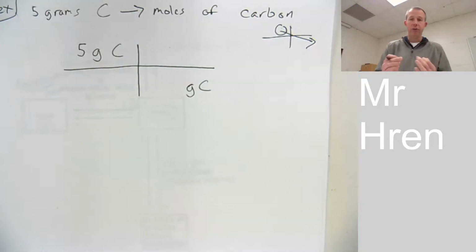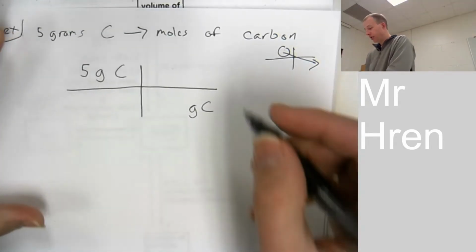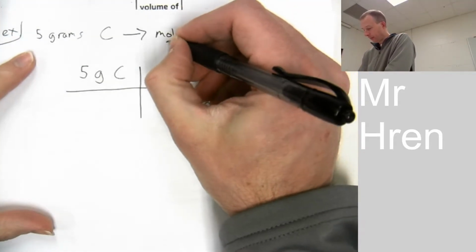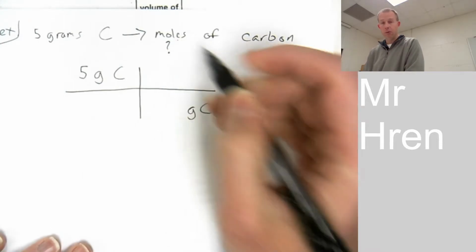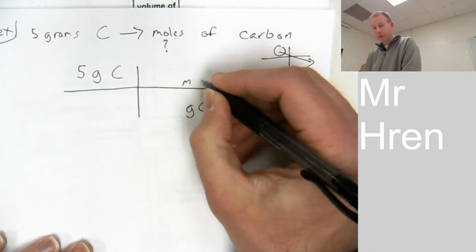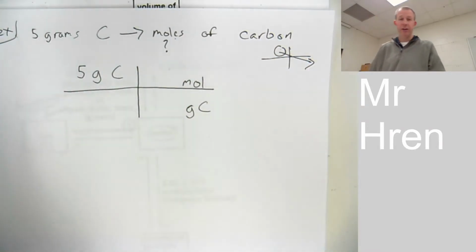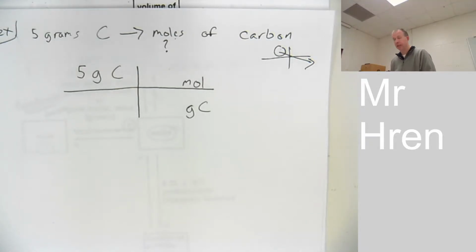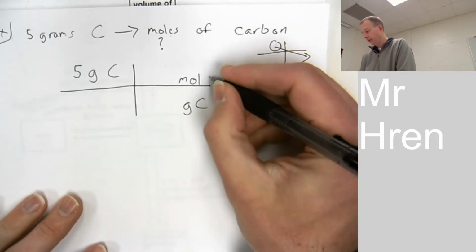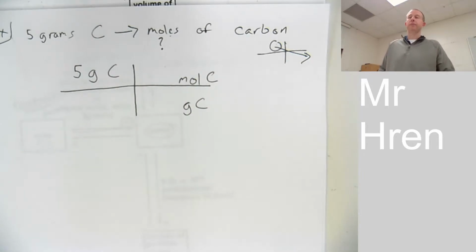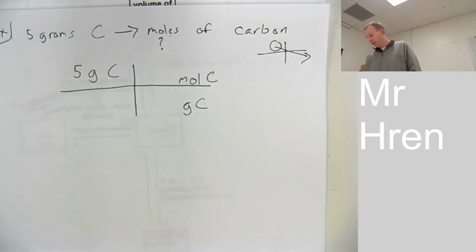Now, what are we trying to get to? What does this problem want? Problem wants moles. So we are going to write moles. I'm going to abbreviate it MOL. That's always how we're going to abbreviate it. We're going to write moles of carbon up here. So you do that. Cool.